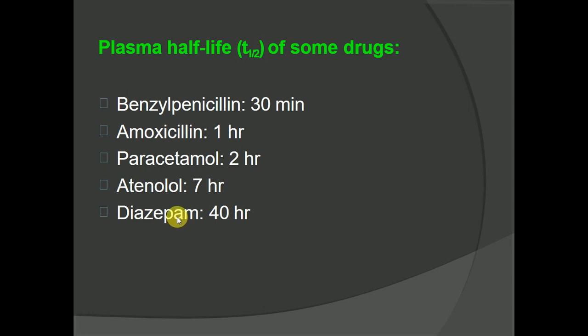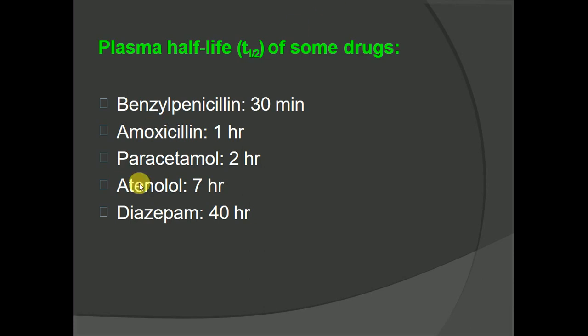Let's suppose another drug, for example paracetamol, which is available in 500 milligrams. It means that in 2 hours the concentration of the drug will be reduced by 50%, half of its original concentration. Benzyl penicillin has a plasma half-life of 30 minutes, amoxicillin 1 hour, paracetamol 2 hours, and atenolol 7 hours.